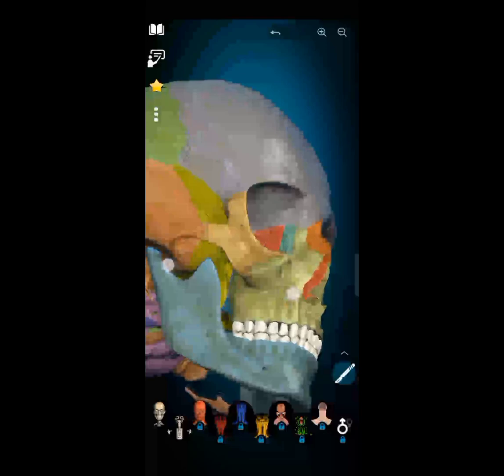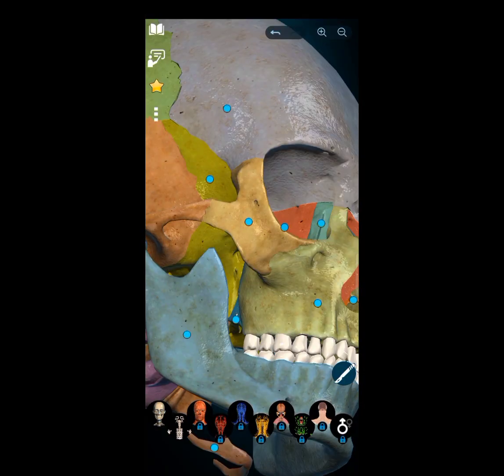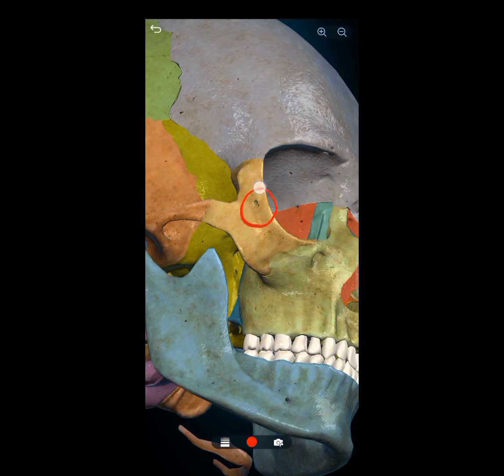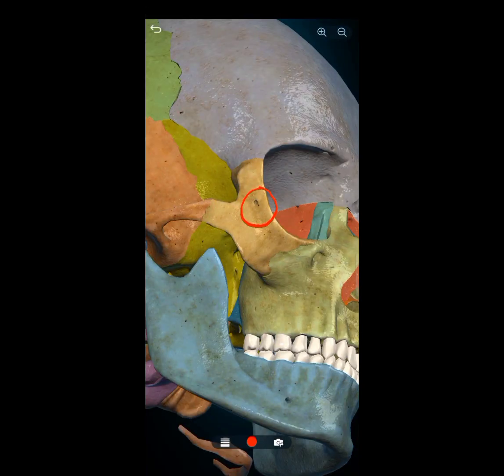When we see from a close aspect, we see the zygomatic bone has two foramina for transmission of the zygomaticotemporal and zygomaticofacial nerves, which also supply the zygomatic bone.